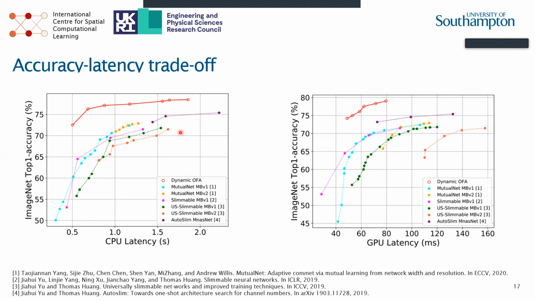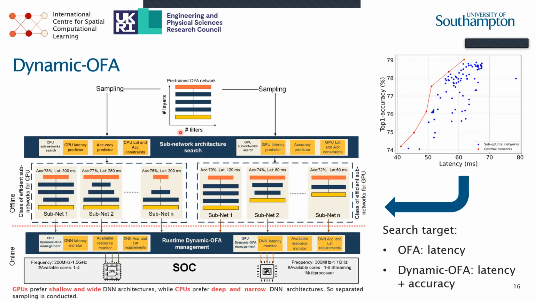Yeah. One more thing that is different is how we do the search. The original OFA search algorithm only uses latency as the constraint, right? If you set latency to be 60 milliseconds, you can find this point. If you change the target to 50 milliseconds, you can also find this point. So these are easy points to find. If you use the original OFA search algorithm, it is very unlikely you find a point on the Pareto front.